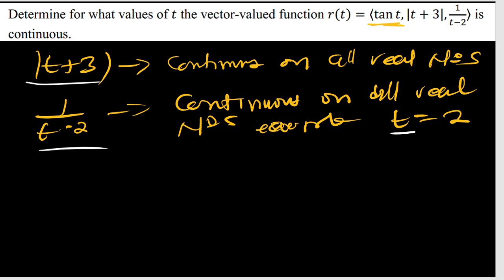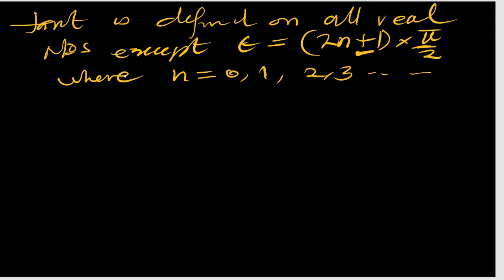And now we have also established that of tan defined for all real numbers except t is equal to 2n plus 1 times pi over 2, where our n is equal to these numbers. So the combination effect, or the intersection of these three, will give us the range of values for which r of t is continuous.